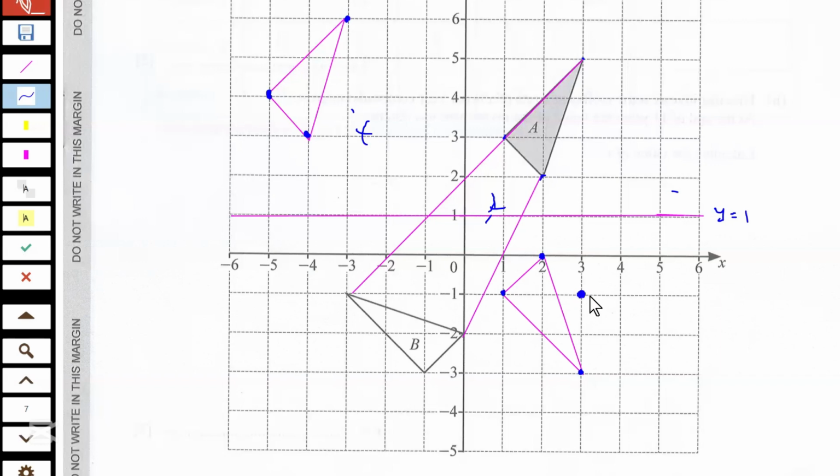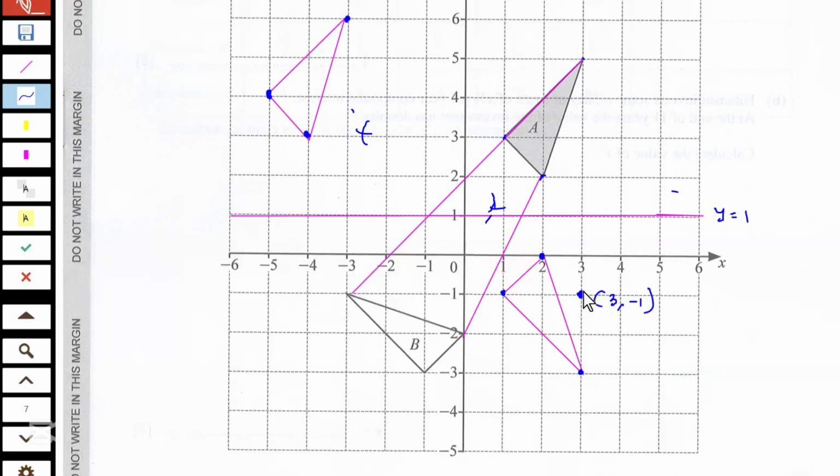And the center of rotation is going to be 3, -1. After finding the perpendicular bisector of the first line and the perpendicular bisector of the second line, the point of intersection is going to be 3 and -1, which is the center of rotation.